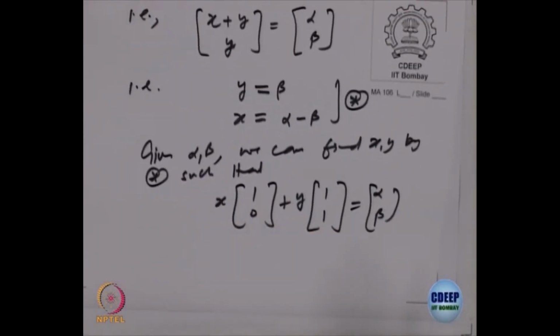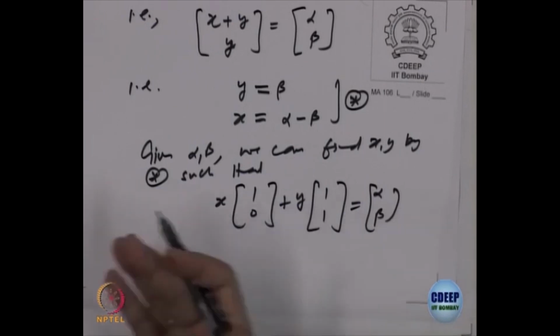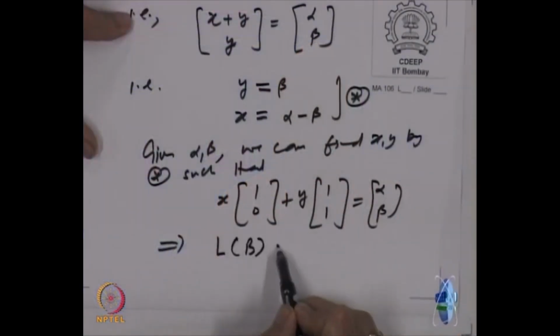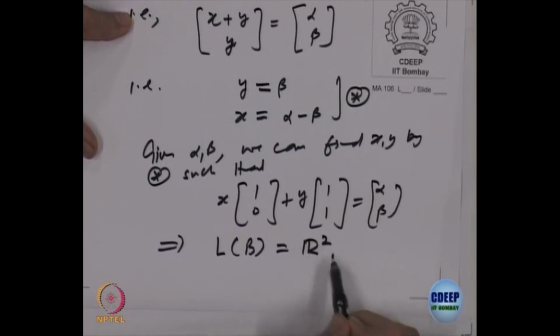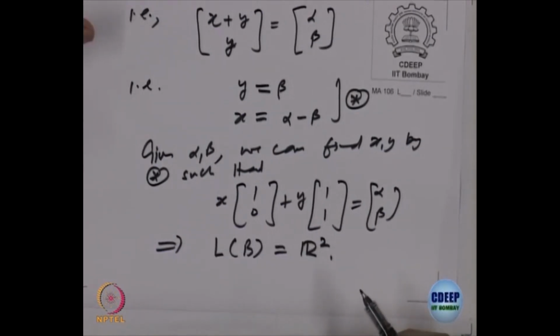So, given any vector with components alpha beta, I can find scalars x and y such that it is a linear combination. So, this implies that L of B is equal to R 2.